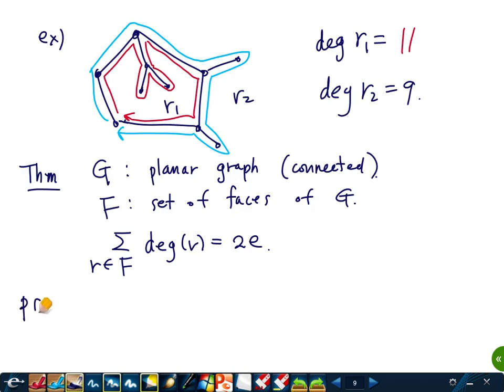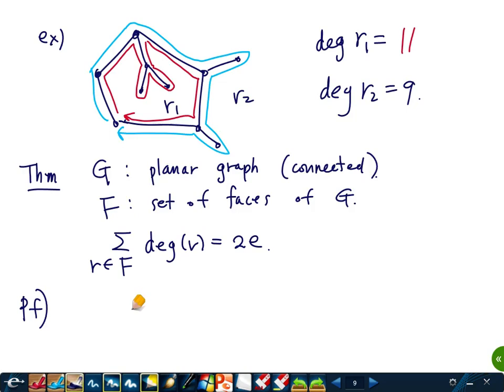Proof is actually quite simple. If you consider how we compute the degree of a face, it is kind of simple. For every edge, when you compute the degree, each edge contributes exactly 2 to the sum over here.